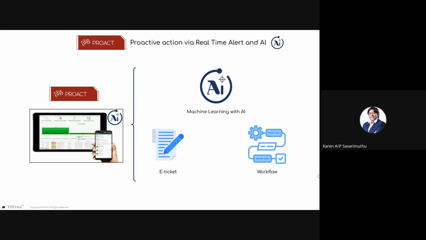That means they already read through and go through the trend and understand. So now with the AI, they will be able to give you more accurate and appropriate actions. That is why we embedded AI into our system, so that this software is able to provide you with more accuracy.